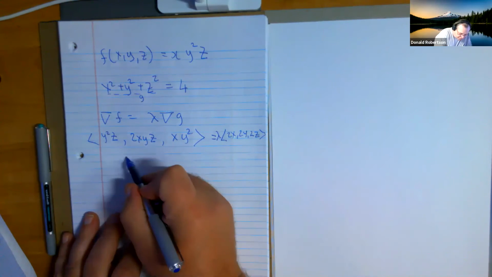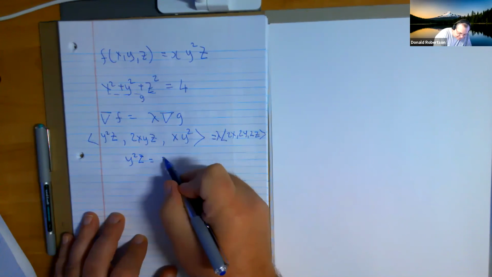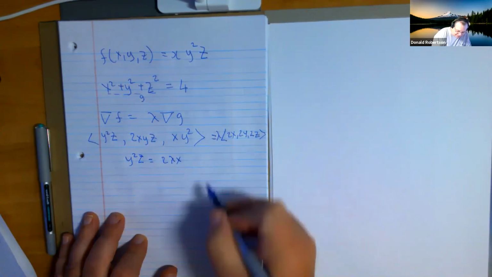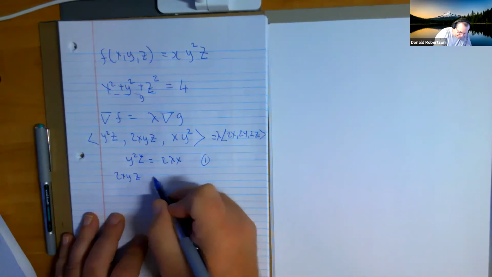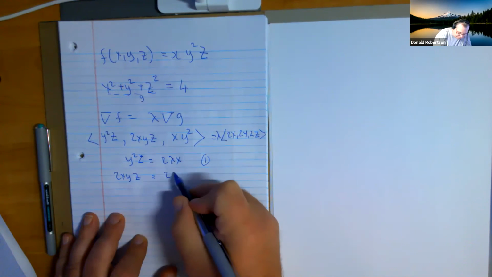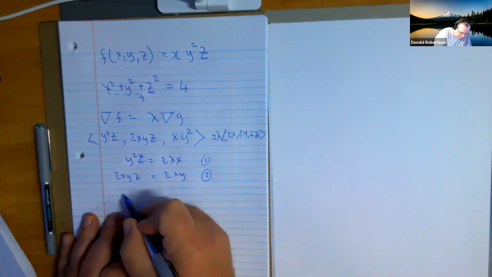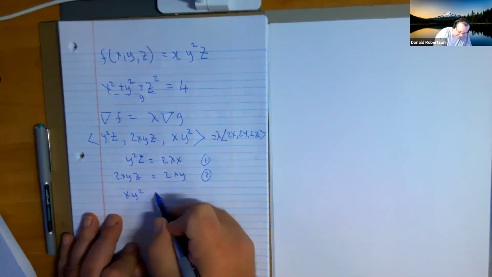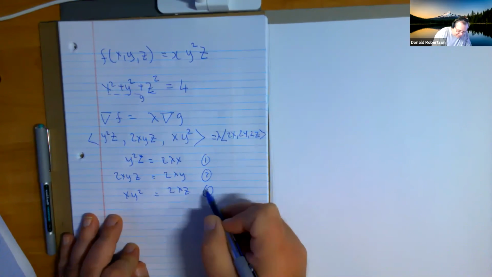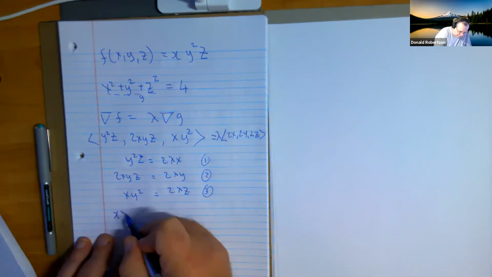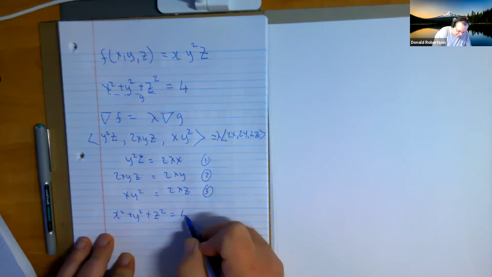Now, if you match them up, the first one says that. You match up the second set, if you match up the third set, and the constraint function generates that.